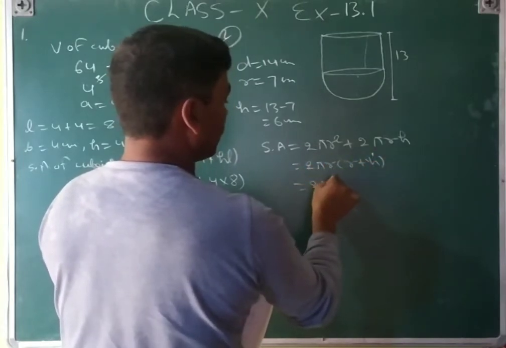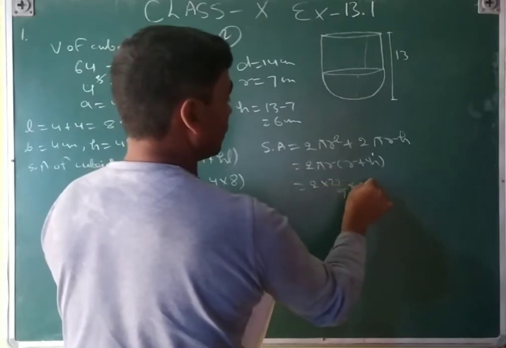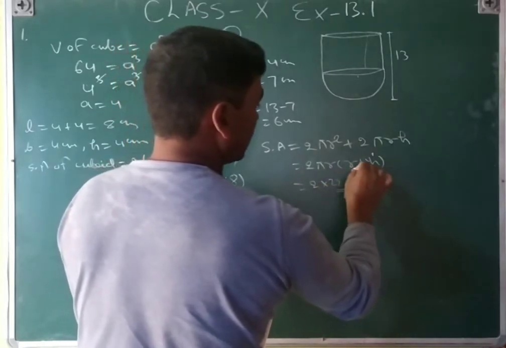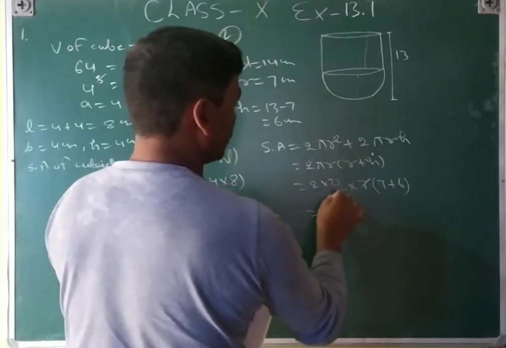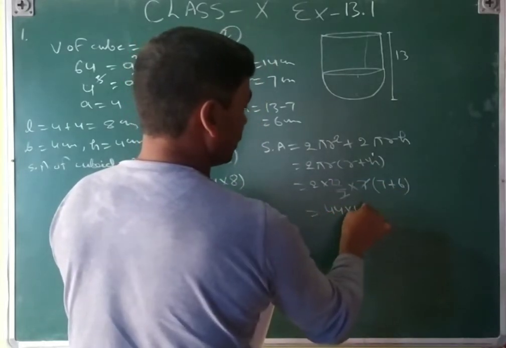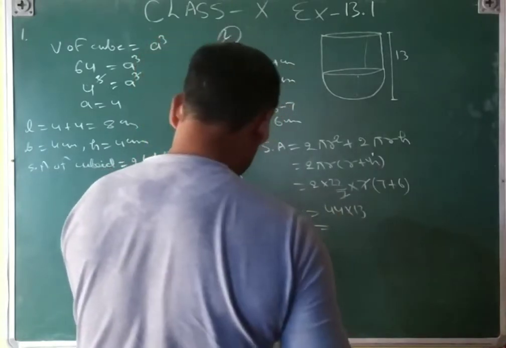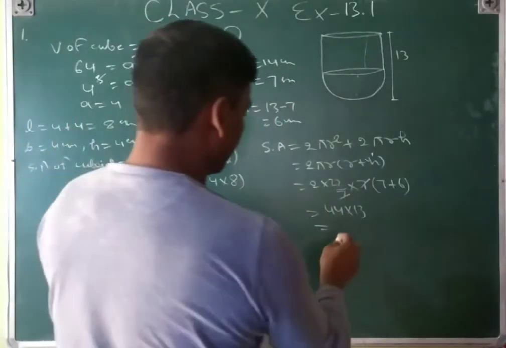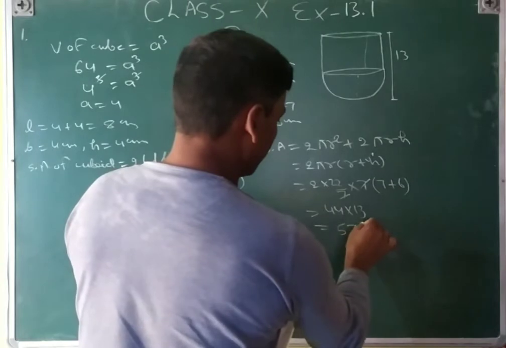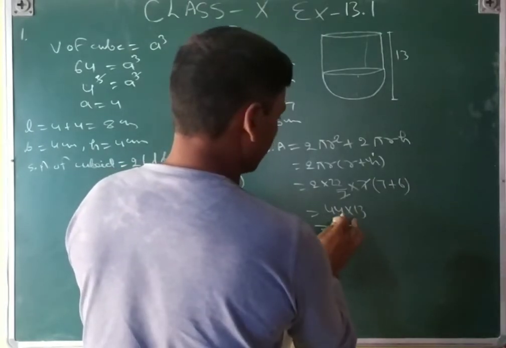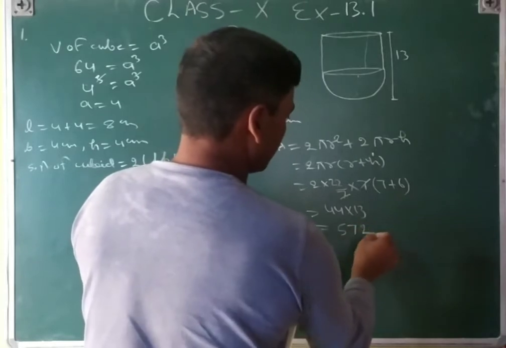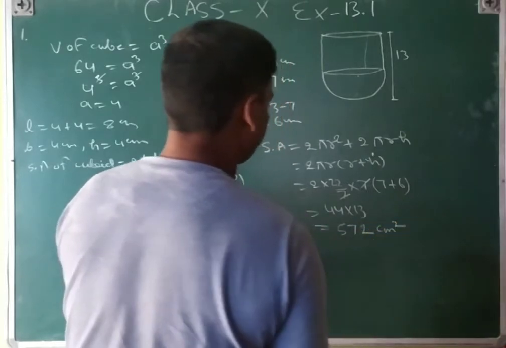So 2 into 22 upon 7 into 7, then 7 plus 6, 7 cancels by 7, so 22 into 2 is 44 into 13, that is 572 centimeter square.